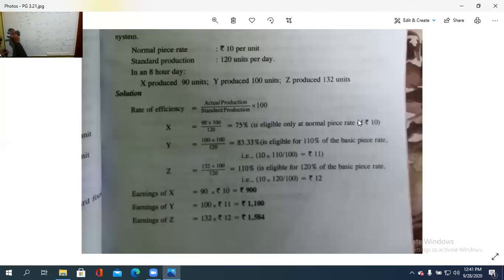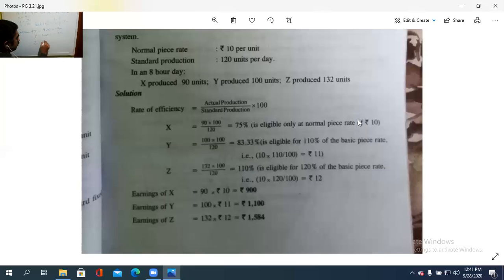Therefore എങ്ങനെയാണ് കാണുന്നത്? Here yes, earnings of X, Y and Z is equal to, so earnings of X is equal to 90 into 10, 900. Y is equal to 100 into 11, 1100.